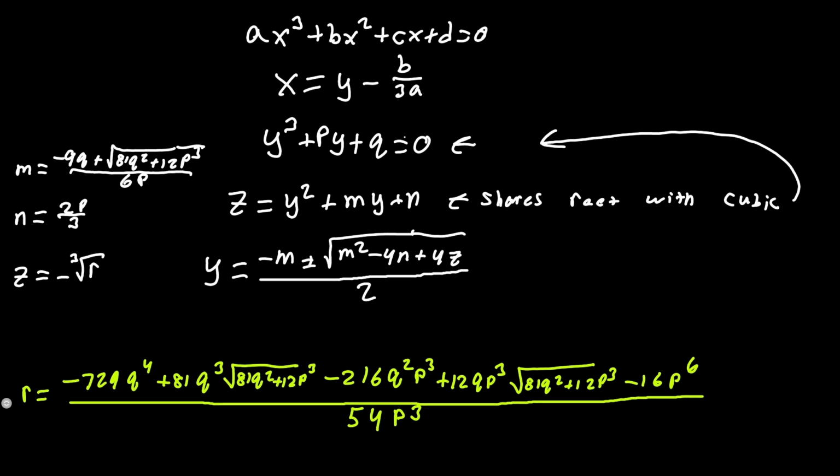And now solving for x is simply negative m plus or minus the square root of m squared minus 4n plus 4z over 2, minus b over 3a. And we know that m, n, and z are all constructed off of p and q.